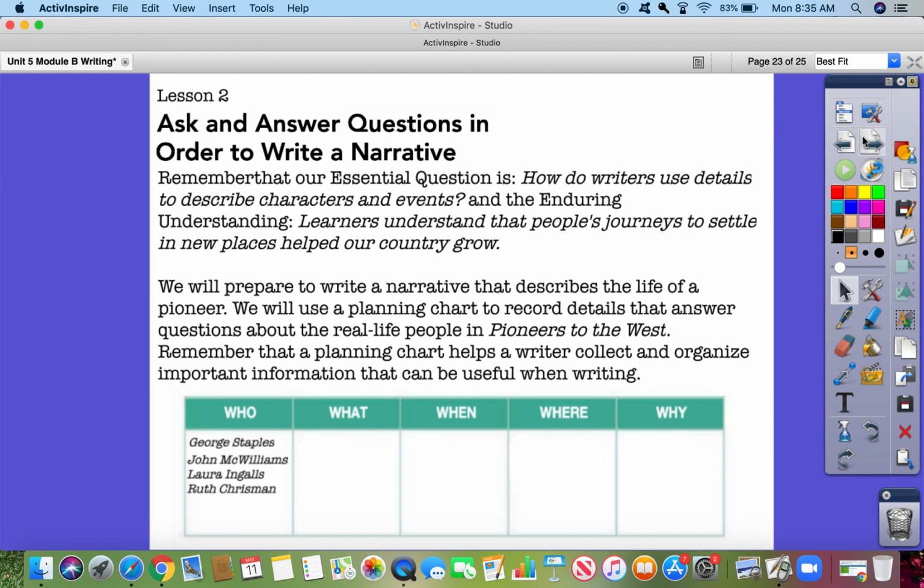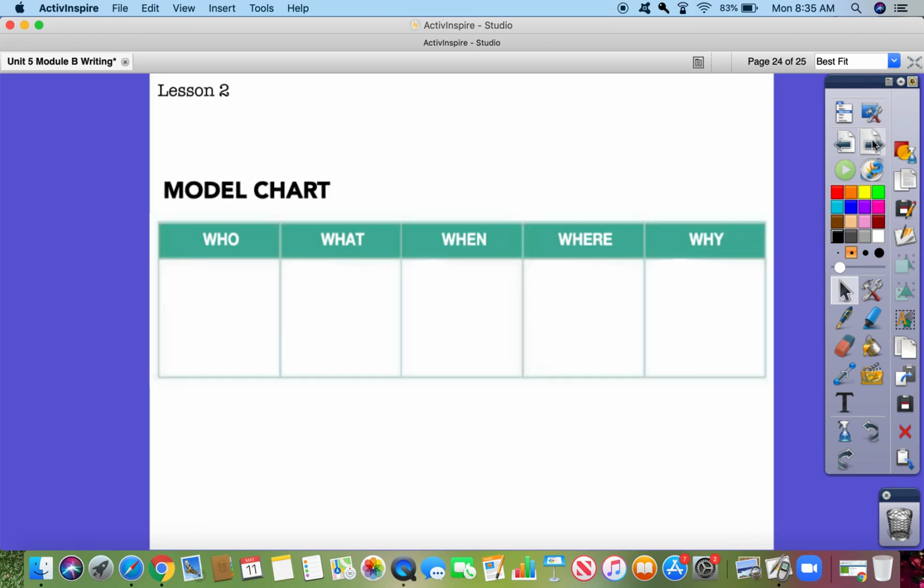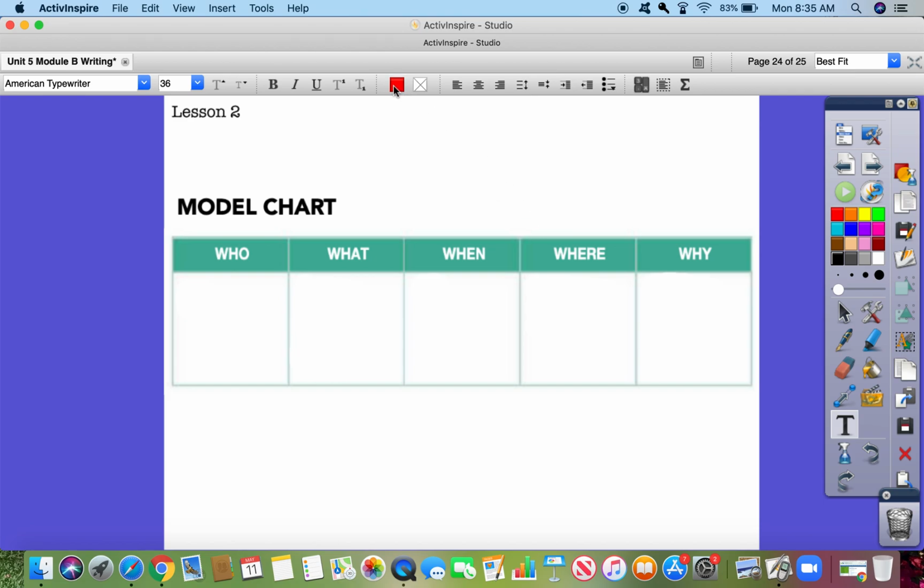Okay, so if I was going to pick my person, I might say that it would be John McWilliams. So in the Who chart, I would type his name, John McWilliams. And for this part, you can draw this chart at home or you can just use mine as an example.